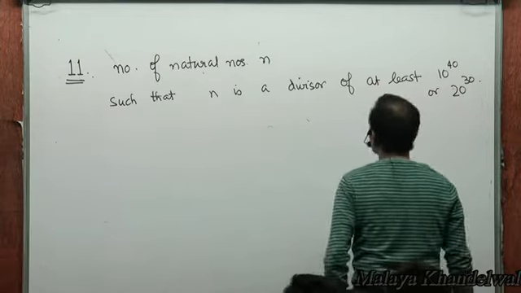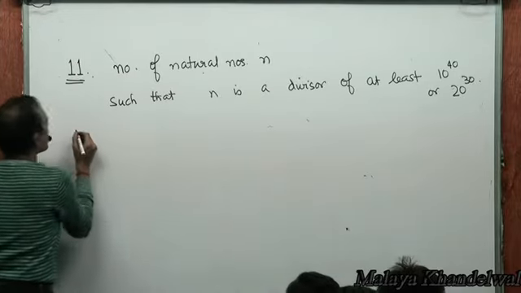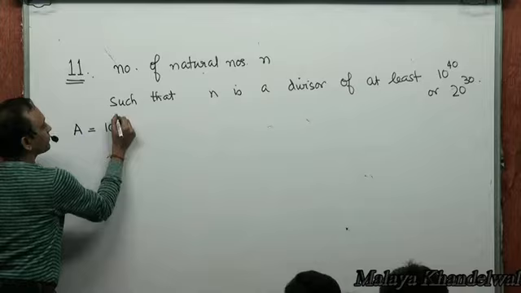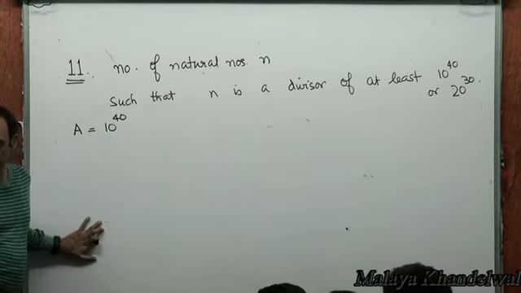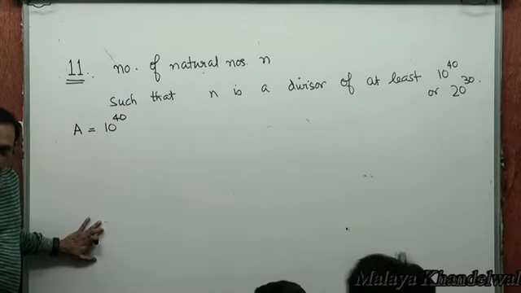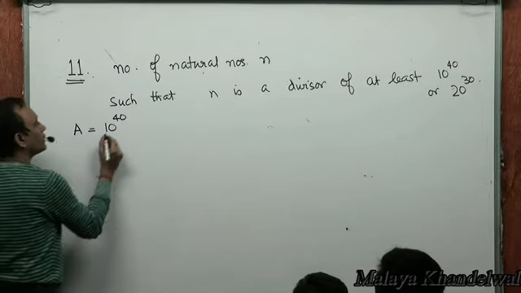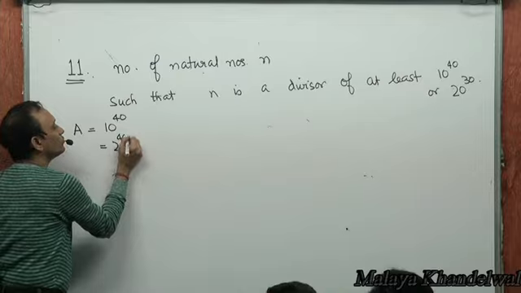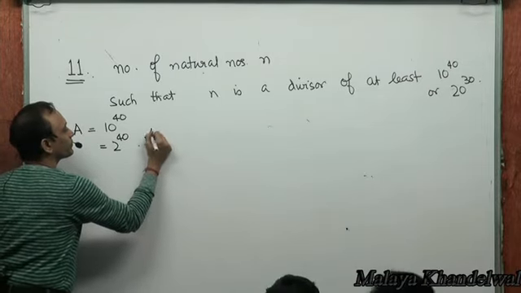So let me call the first number A, 10 to the power 40. This is 2 into 5, so 2 to the power 40 into 5 to the power 40.